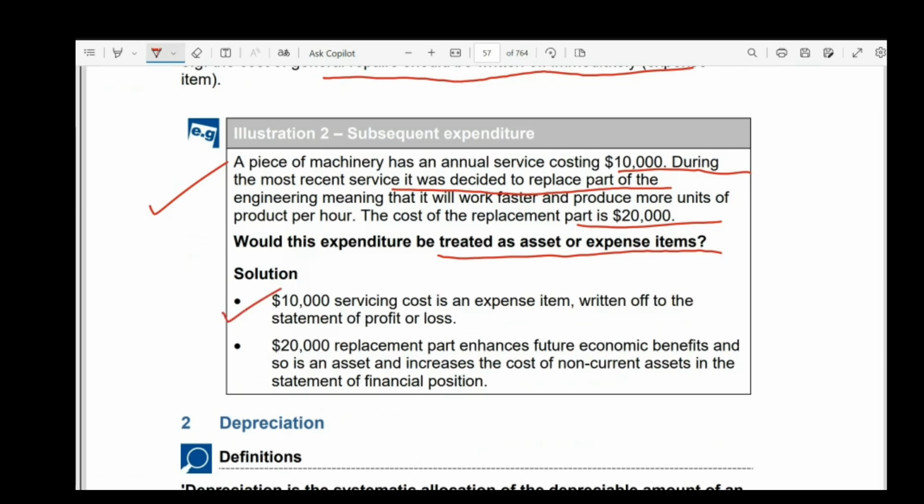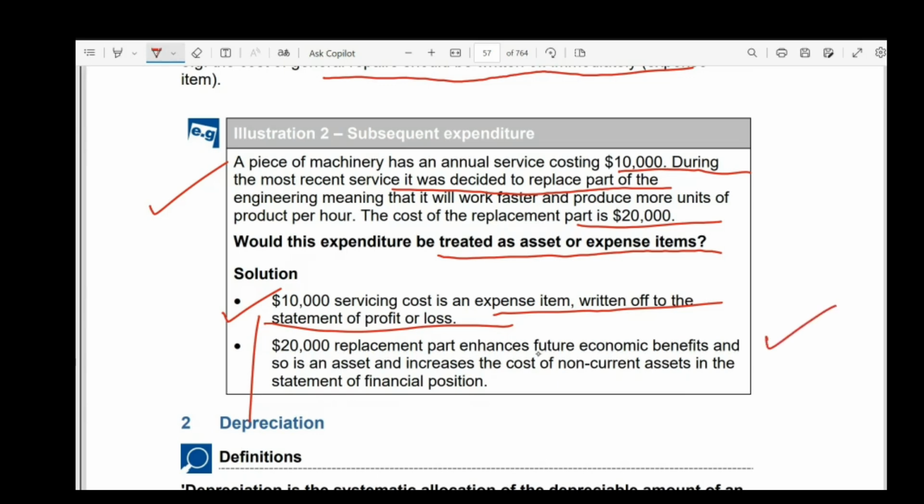They're saying the 10,000 servicing cost is an expense item written off to the statement of profit or loss immediately. Because this is an annual service cost, like if you are paying for a service of any equipment, machinery, or a vehicle under an annual agreement, it is expensed out. This is not part of the life of the asset. This 20,000 replacement part enhances future economic benefit.